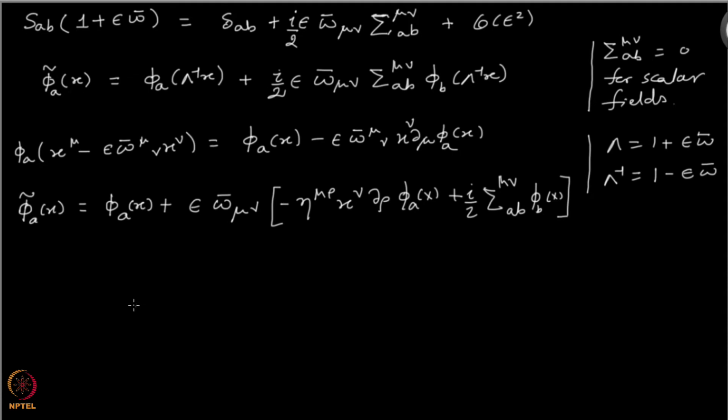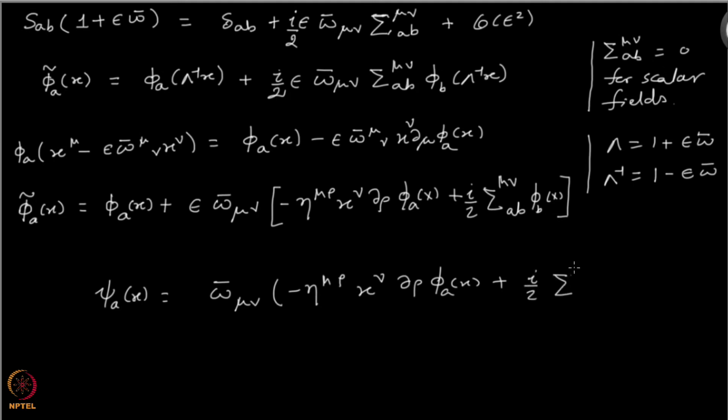So let me write here itself. So psi A of x is omega bar mu nu minus eta mu rho x nu del rho phi A of x plus I over 2 sigma mu nu AB phi b of x.